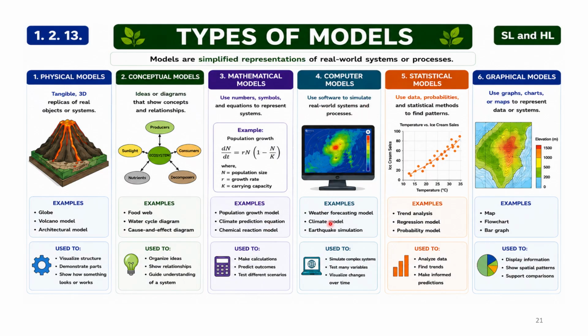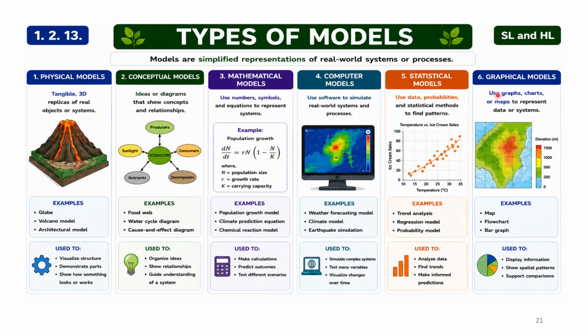Climate models combine atmospheric, oceanic, and land data to project future climate scenarios under different greenhouse gas emissions. Statistical models analyze data to identify trends and make predictions. For example, regression analysis can reveal how increasing temperature influences ice cream sales or crop yields.